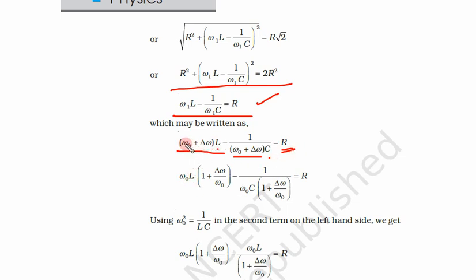From this L, omega naught was common, so we get 1 plus delta omega upon omega naught minus 1 upon omega naught c, and 1 upon omega naught c is common. We get 1 plus delta omega upon omega naught is equal to r. So this is the equation we got.